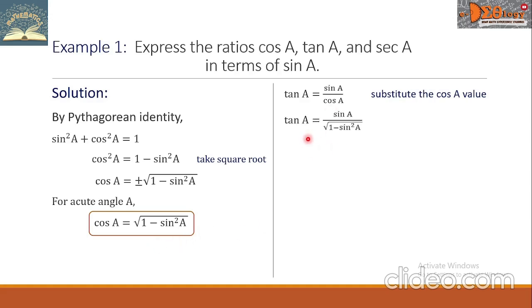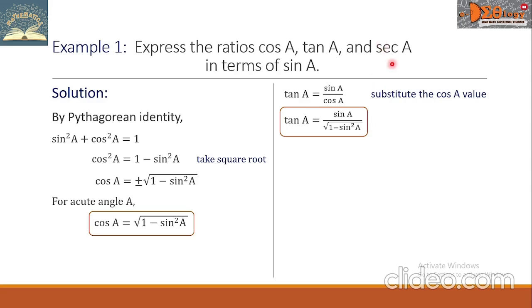So it becomes tangent A equals sine A over the square root of the quantity 1 minus sine square A. This is the value of tangent A in terms of sine A.